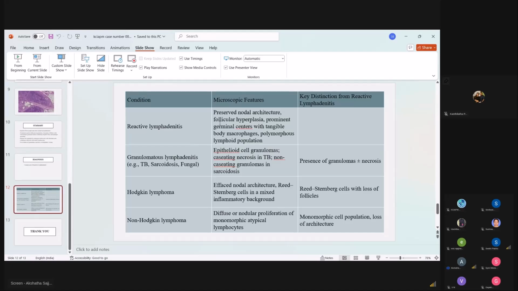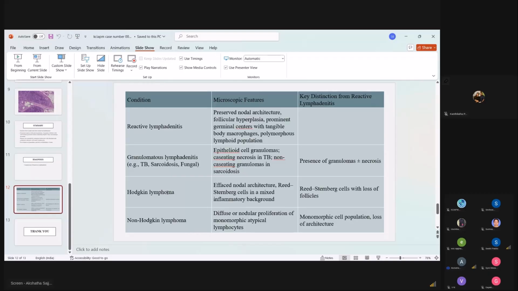The differential diagnoses for reactive lymphadenitis can be granulomatous lymphadenitis. In this, we see epithelioid cell granulomas with caseating necrosis in TB and non-caseating granulomas in sarcoidosis.